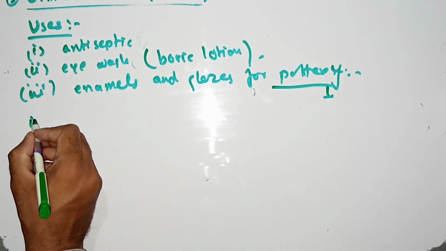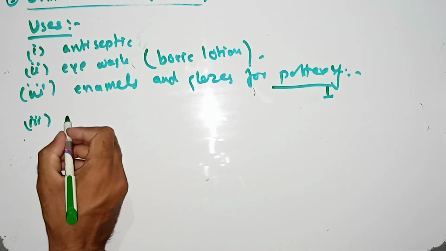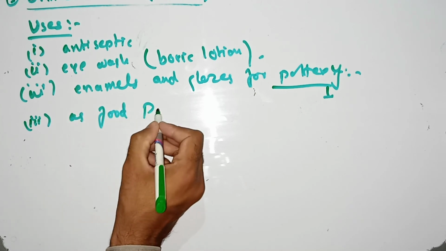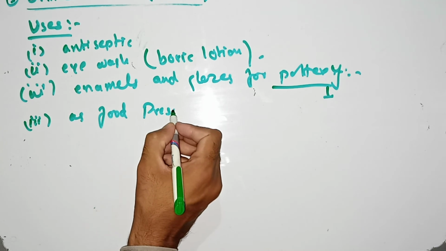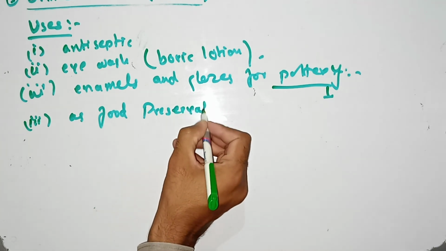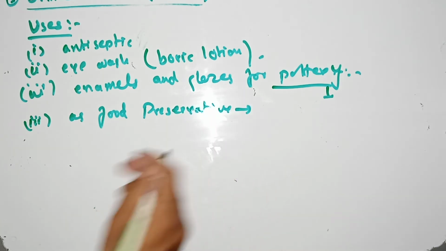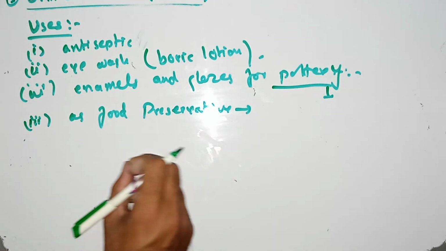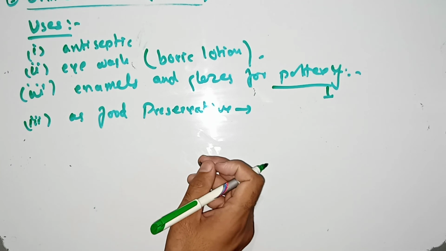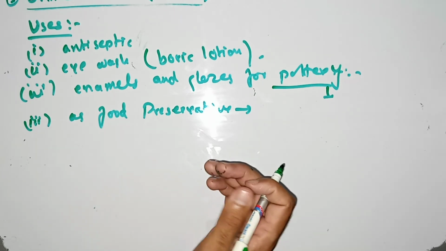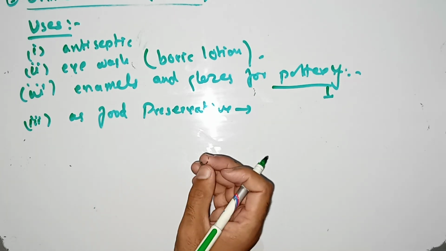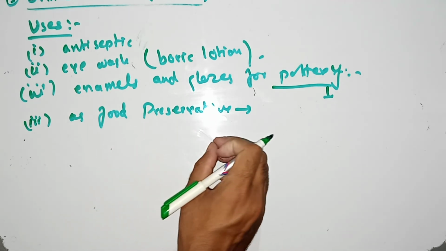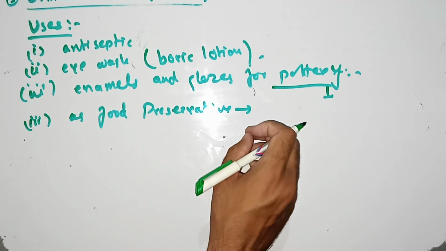Another use of orthoboric acid is as a food preservative. It is a chemical compound. A preservative is a chemical compound that is added to a product, and after that the product is protected against decay or decomposition.